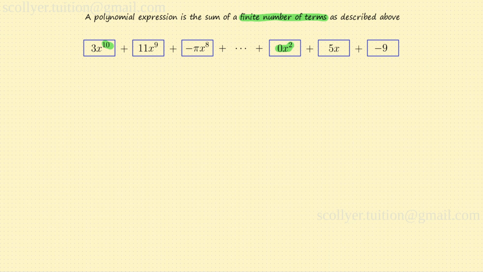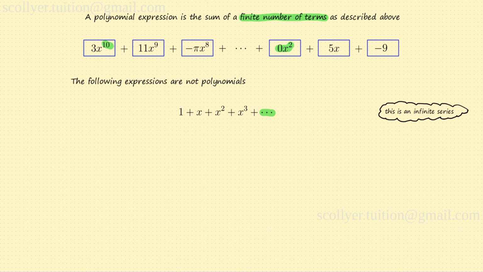We now consider some expressions which look similar to polynomials, but which are not. This expression is not a polynomial because the ... at the end signifies that there are an infinite number of terms. Polynomials may contain only a finite number of terms. This expression is not a polynomial since it is a fraction with one polynomial in the numerator and one polynomial in the denominator.